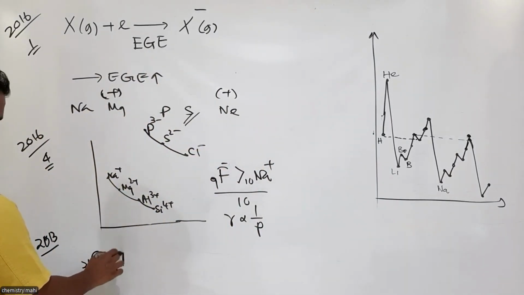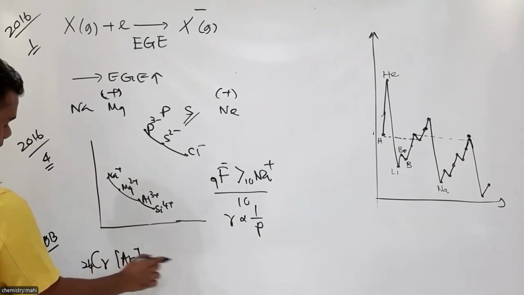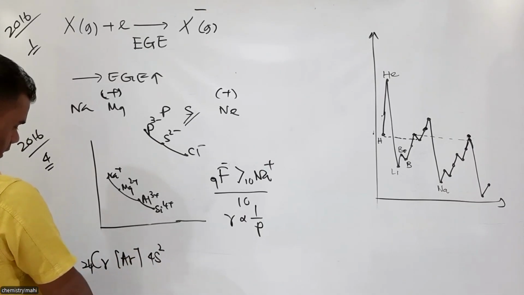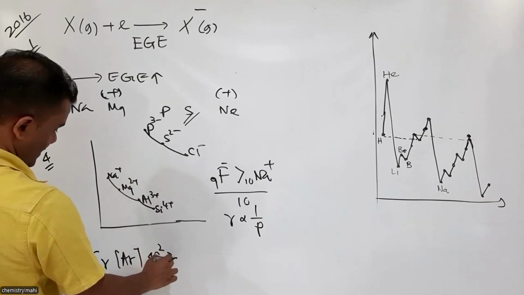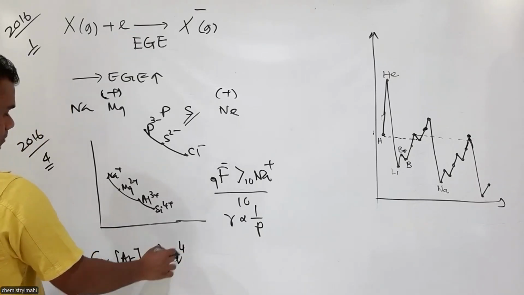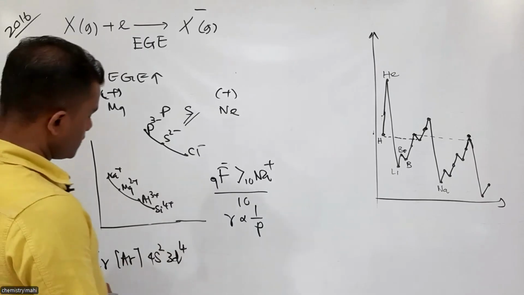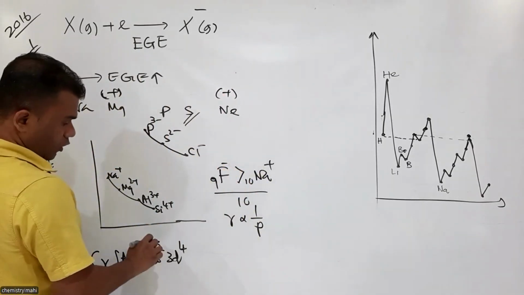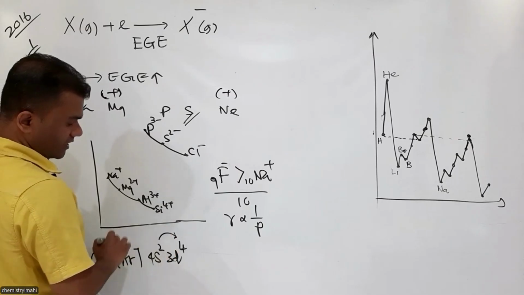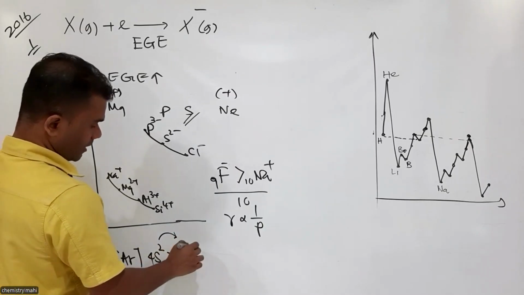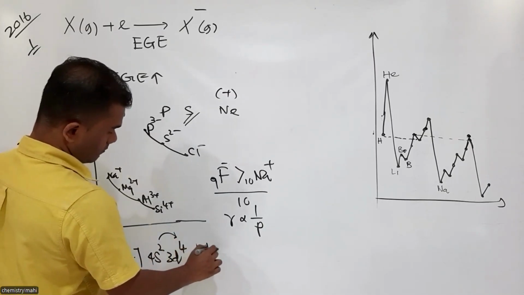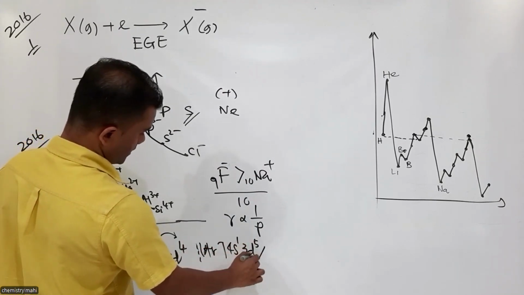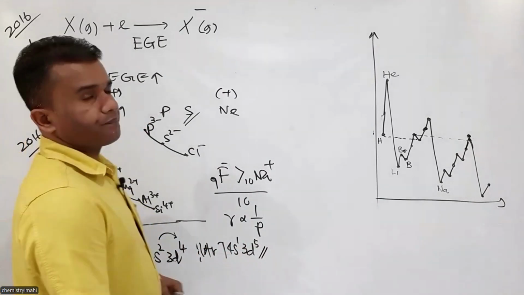Using the inert gas core, argon 18, 3p6, thereafter we have 4s2, so 18 to 20. There are 24, so 4 more: 3d4. But I told you 3d4 does not exist because it's very close to partial stabilization, so one of these electrons jumps. Because of that, it finally becomes argon 4s1 3d5. That's the electron configuration for chromium.